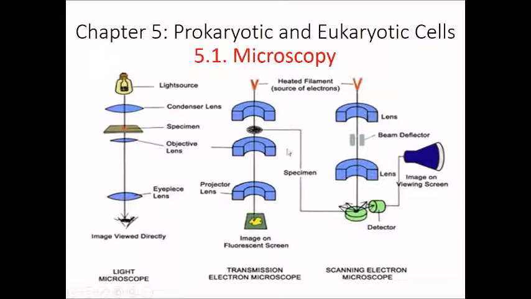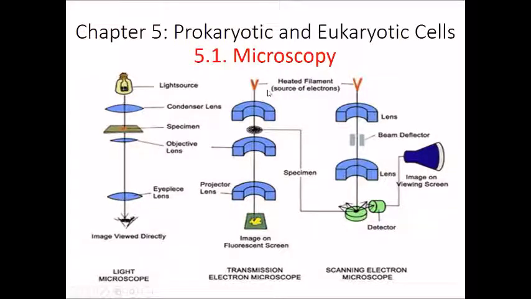So again, let's look at the two types of microscope that I mentioned earlier, light microscope and electron microscope. There are two types of electron microscope: transmission electron microscope, or TEM, and scanning electron microscope, SEM. For light microscope, they use a light source that will pass through the specimen.